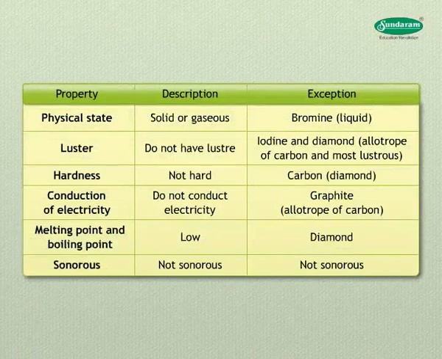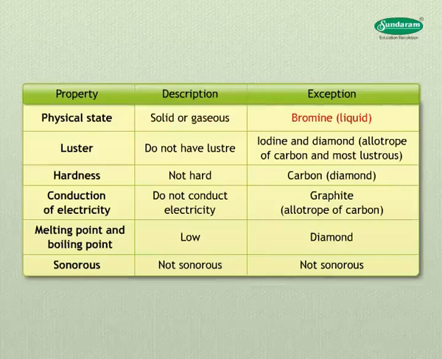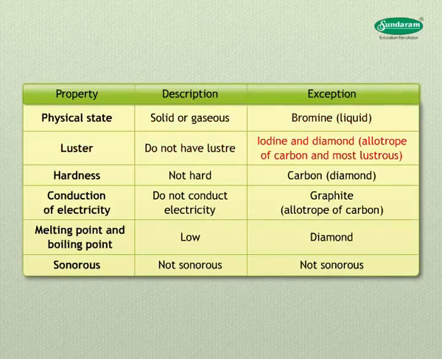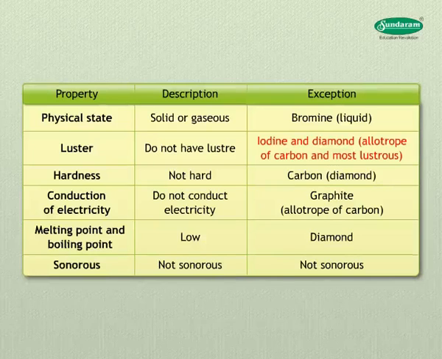Non-metals are either in solid or gaseous state, with the exception of bromine, which is in liquid state. Non-metals usually do not have luster, except iodine and diamond, which is an allotrope of carbon and the most lustrous of all the substances.